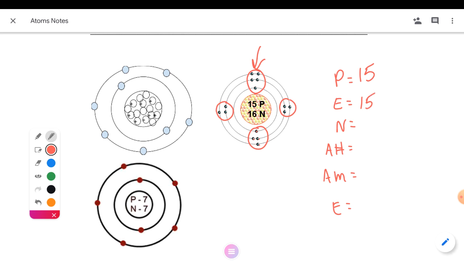Neutrons. Brady? 16. How'd you come up with that? It says 16 neutrons. Because it says 16 in the nucleus. Okay? Finley, you with me? Where do I find my atomic number, Bryson? How do I know what my atomic number is?